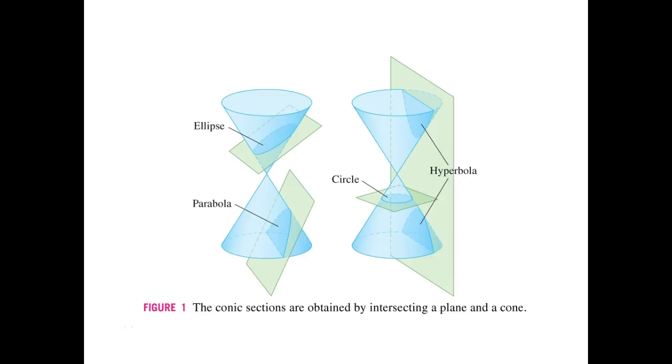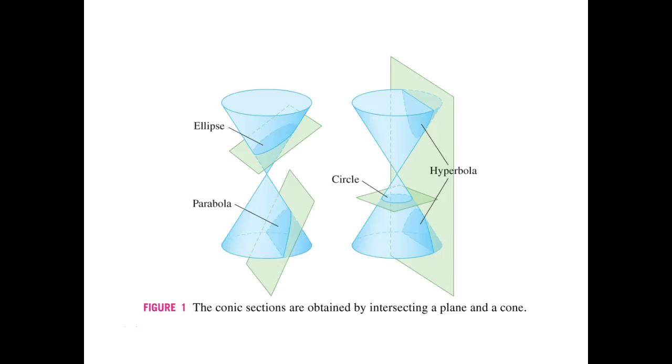So if you cut that cone anywhere here, like there or there, in the plane that's perpendicular to the axis of that cone, you're going to get a circle.